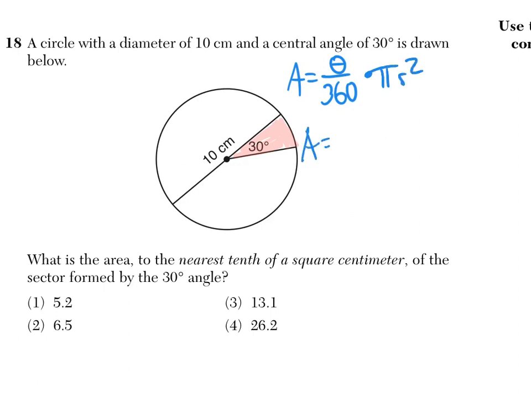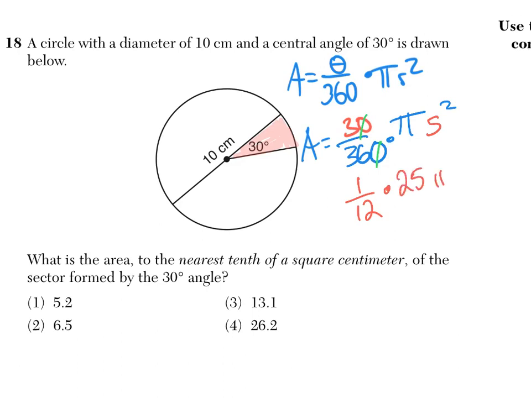So let's plug in these values. We know that the number of degrees is 30 over 360 times pi r squared. What is r? The diameter is 10, so r, of course, is 5, squared. And now we can simplify just a tad. I know that the zeros cancel out. 3 divided by 36, of course, is 1/12, times 25 pi, right?